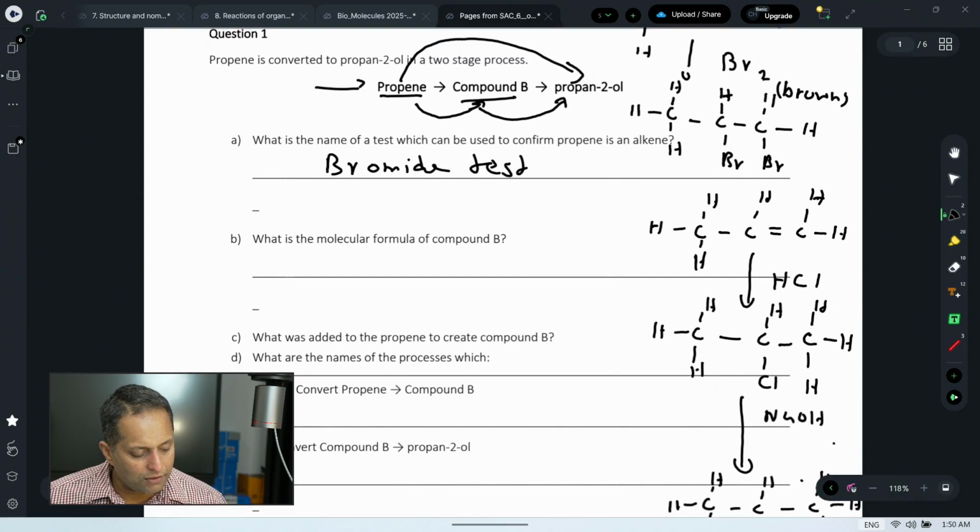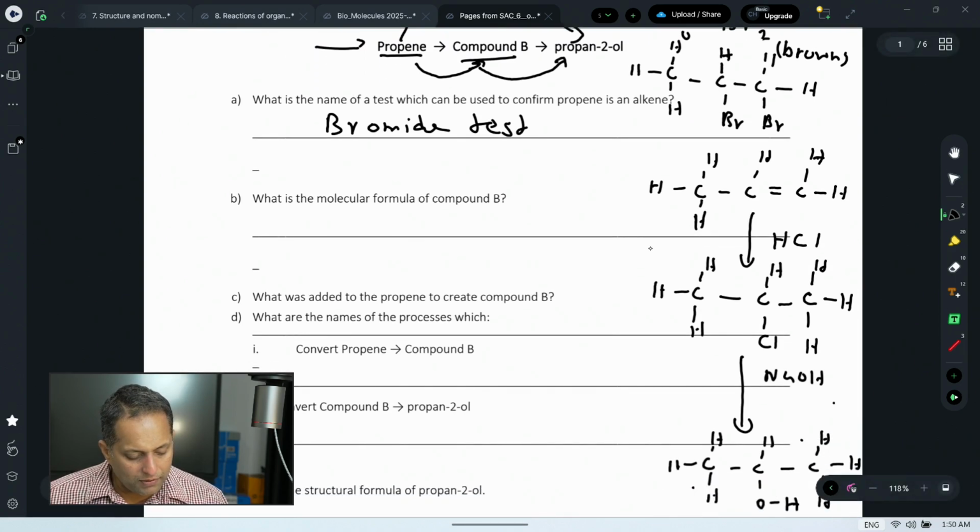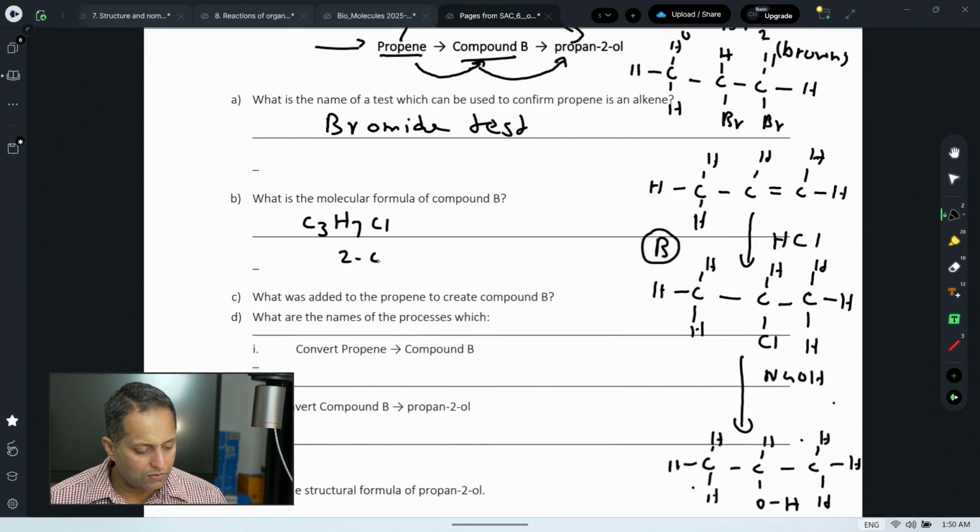So what is the molecular formula of compound B? Compound B has to be C3H7Cl, 2-chloropropane, isn't it? What was added to the propene to create compound B? We know that it is HCl.